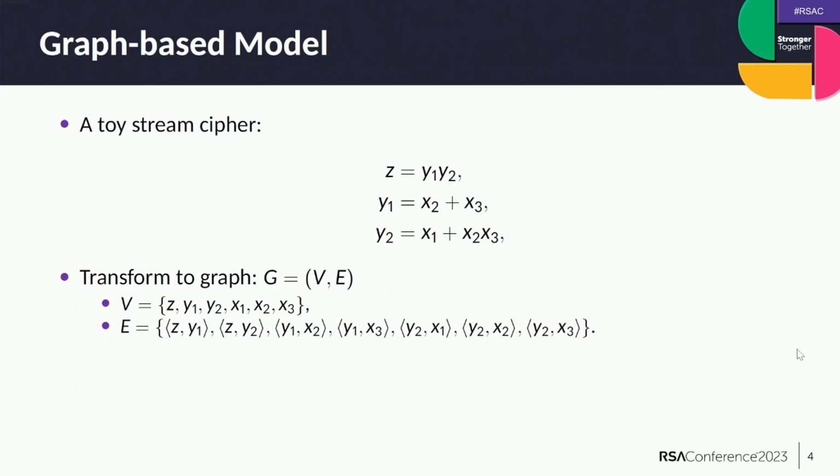We can transform this simple cipher into a directed graph, where the nodes represent the variables in the cipher and the edges represent the operations between the variables.